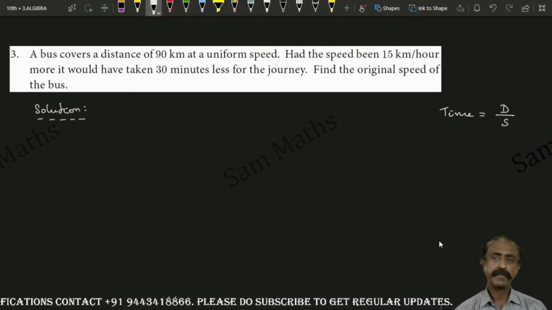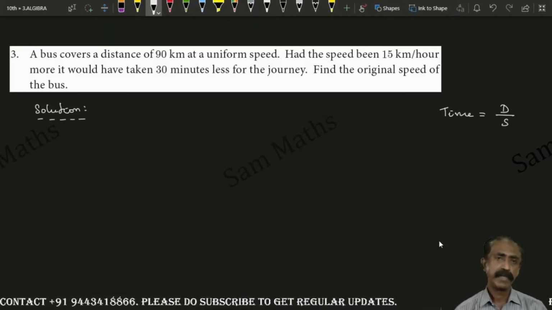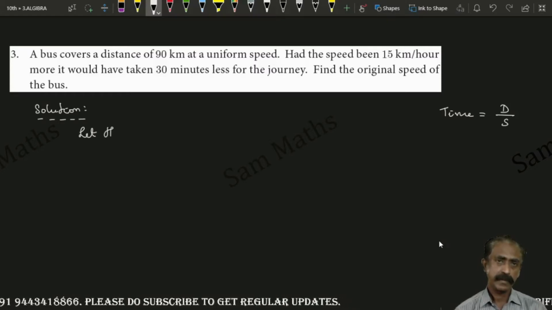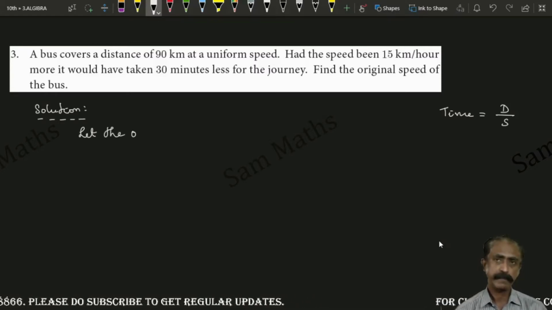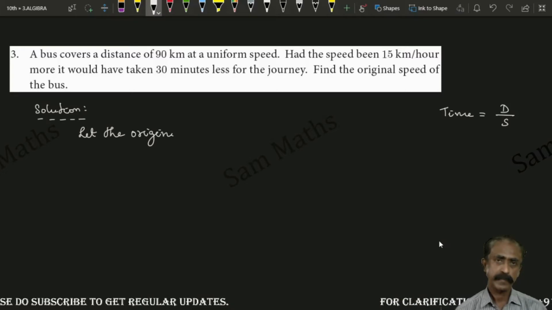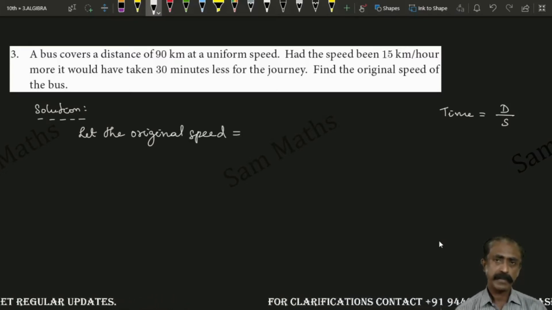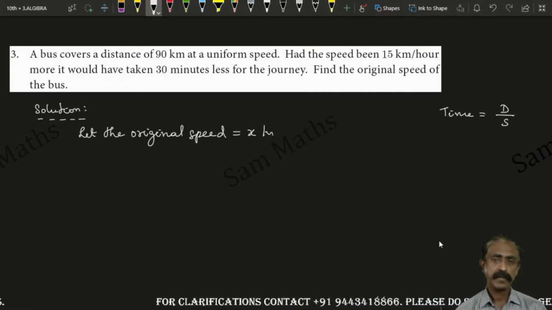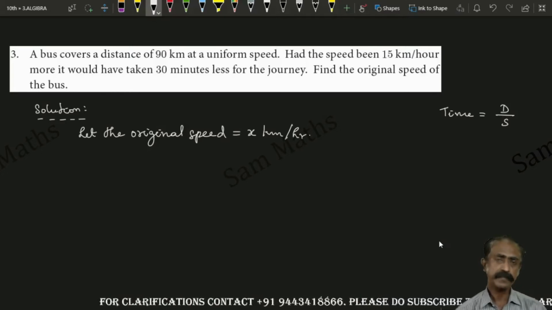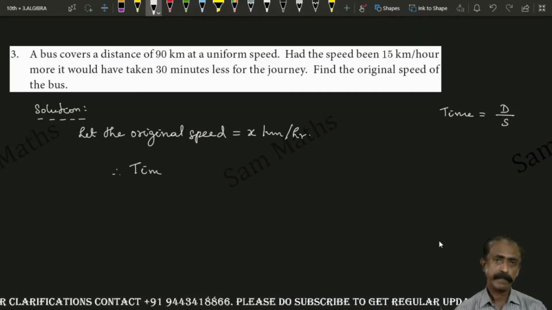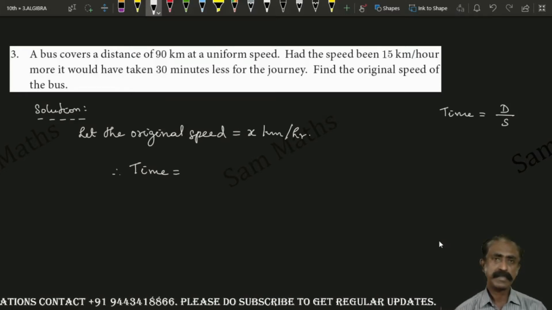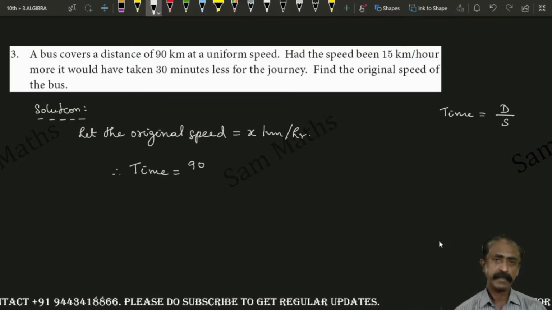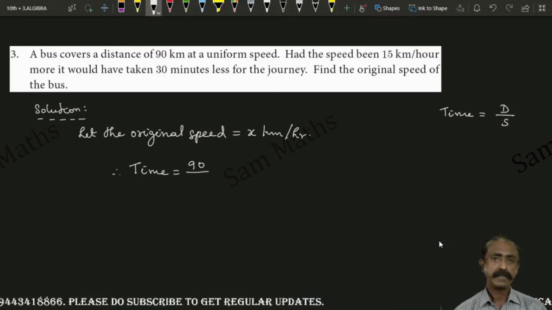Here we have to find the original speed. Let the original speed be equal to x kilometer per hour. Therefore, time taken, time is equal to distance is 90 divided by speed is x.